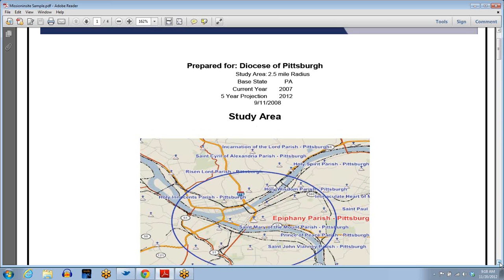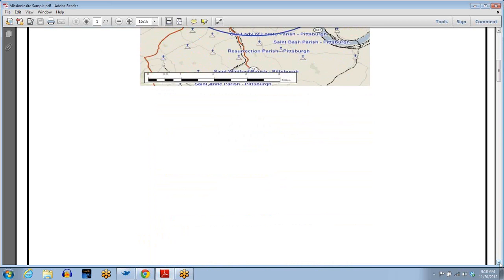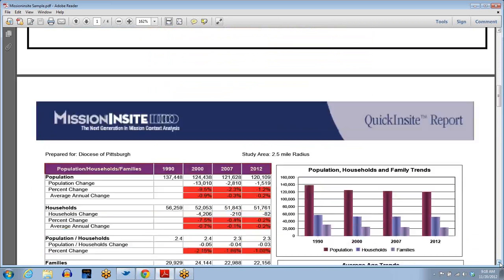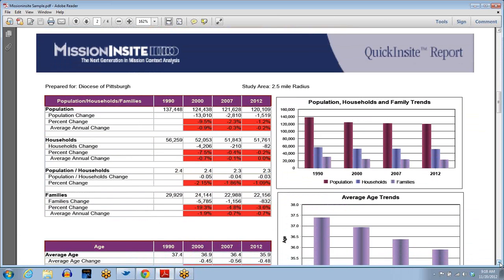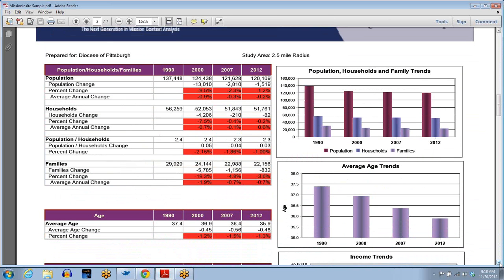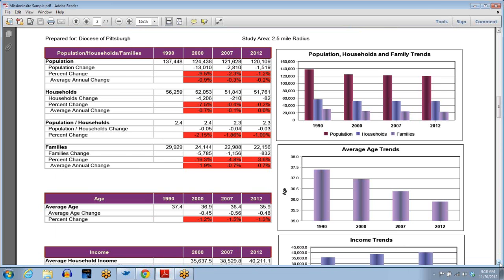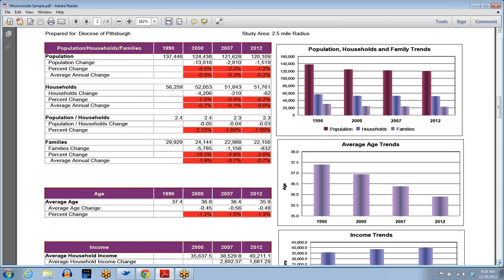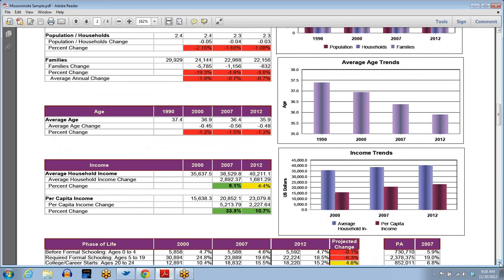This is looking at one group in Pittsburgh. And in this one, what you're going to see in this 2.5 mile radius is that the household population, everything is headed down, in decline. And as you look at these numbers, you can see the decline just in the last 22 years. This is giving you a different way of looking at it.